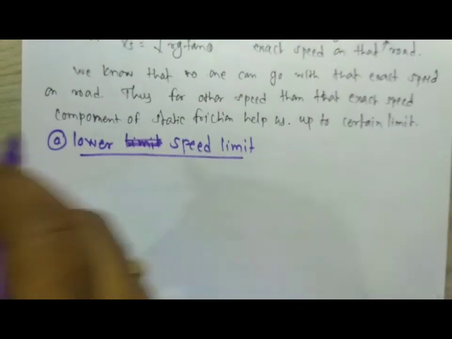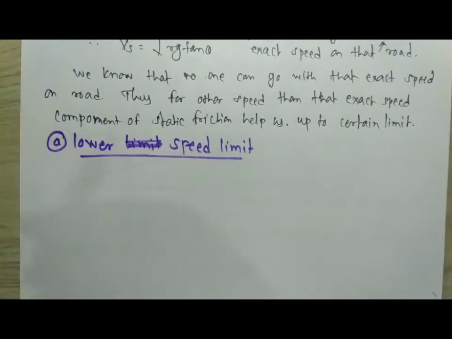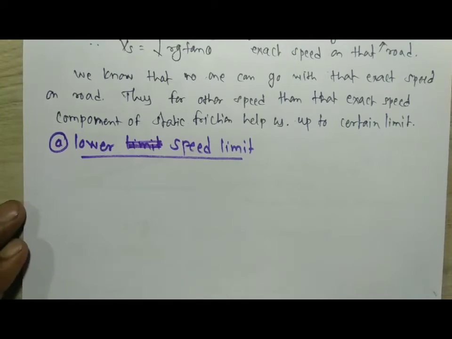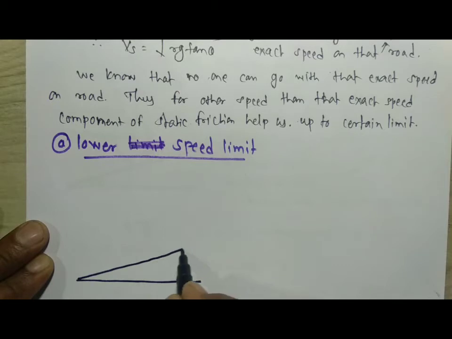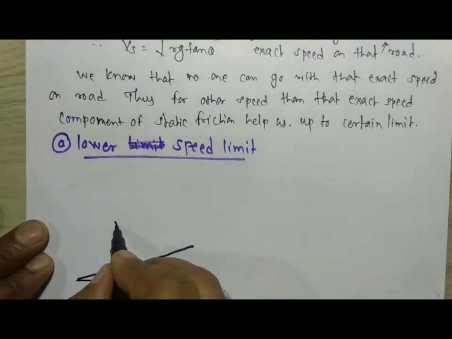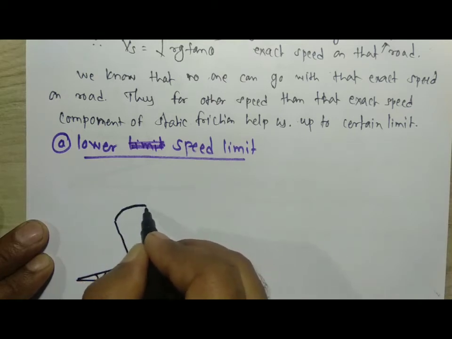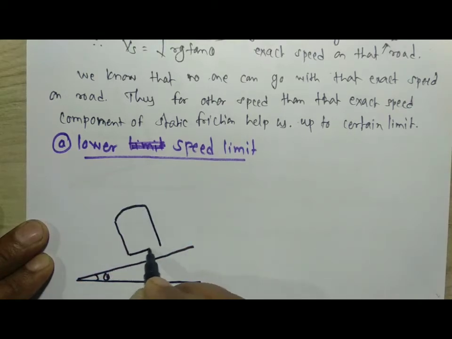In the lower speed limit, we first draw the figure related to those components, where we already know that two forces are acting on the vehicle: a normal reaction and the weight mg of the vehicle. Once again, here is a vehicle moving on the curved banked road with angle of banking theta, and tires are having friction with the inclined surface of the road. Here is the center of mass.